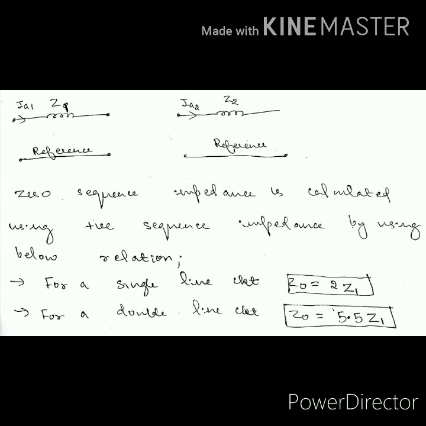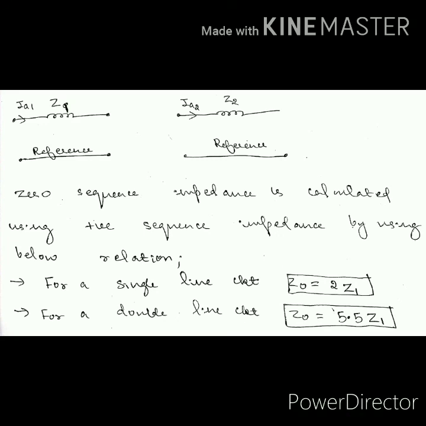But your zero sequence impedance is different, because the ground impedance is dependent on soil conditions and all. So according to Carson's formula, we are taking a simplified ratio for the calculation of zero sequence impedance. So the zero sequence impedance is dependent on the positive sequence impedance, that is Z1.